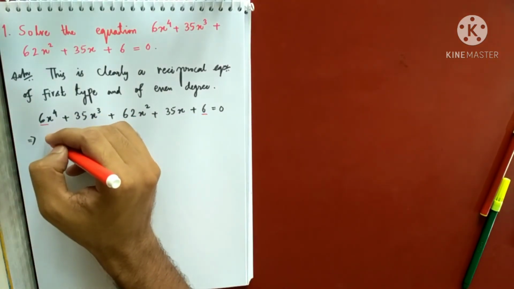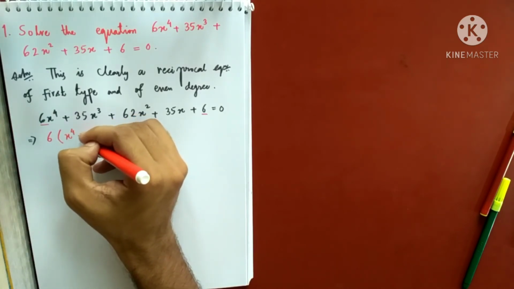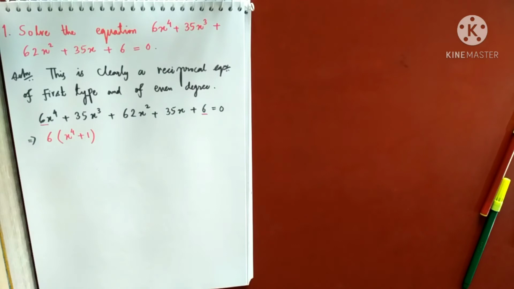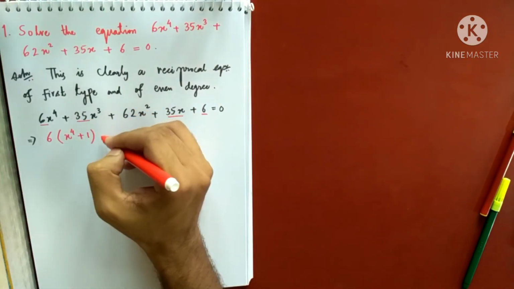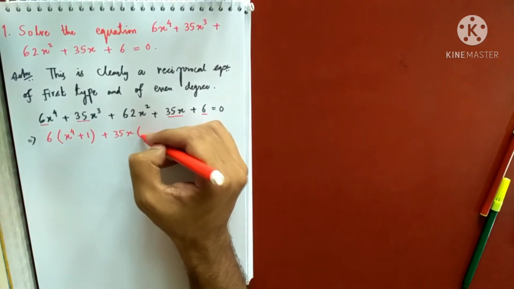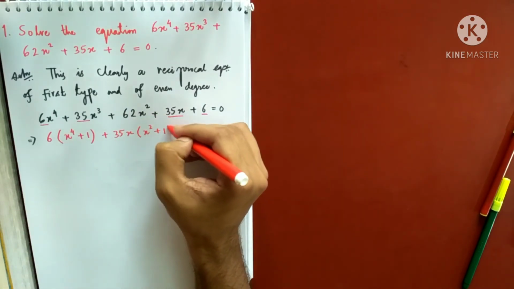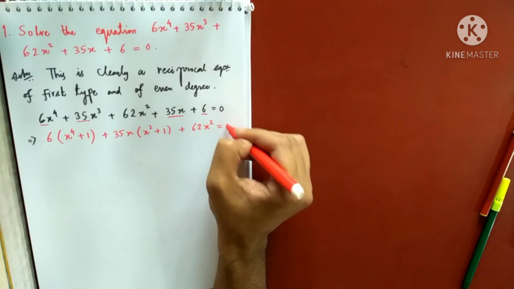What will they remain with? 6 into x to the power 4 plus 1. Right? Then write this and this two together. So take 35 common and x also common. So this will remain with x square plus 1. And lastly 62x square equals to 0.